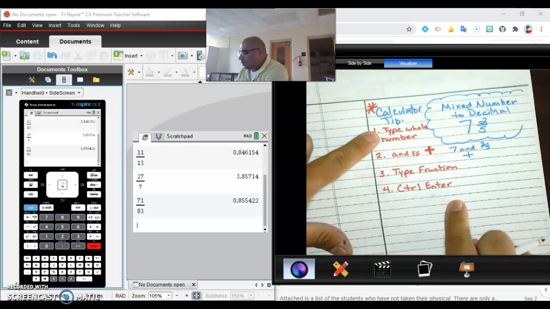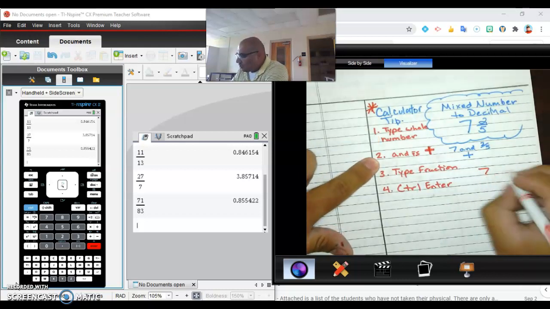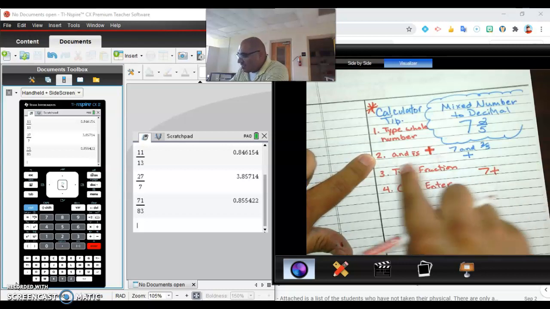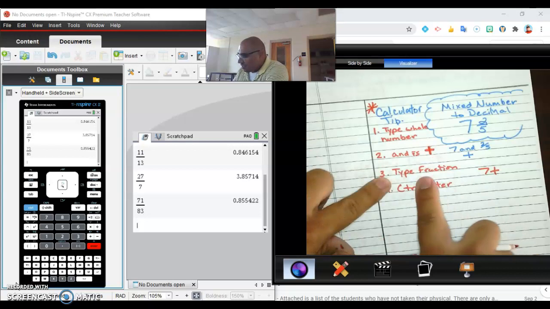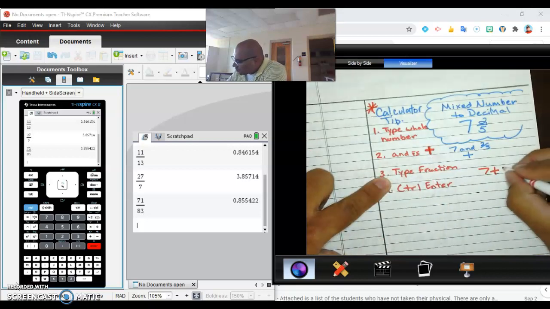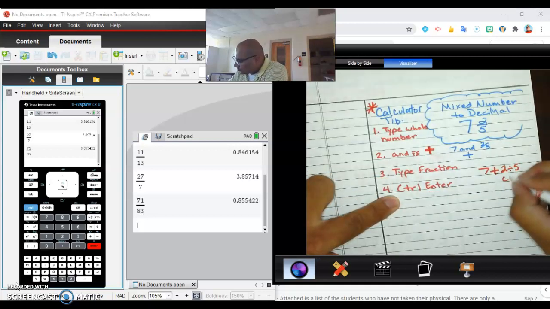First, you're going to type the whole number, 7. Then you're going to press plus, because remember, "and" is plus. Then you're going to type the fraction, 2 divided by 5, and then press Control Enter.